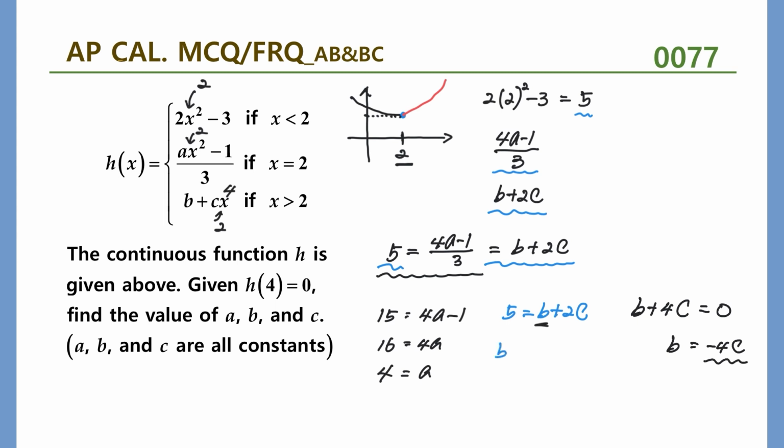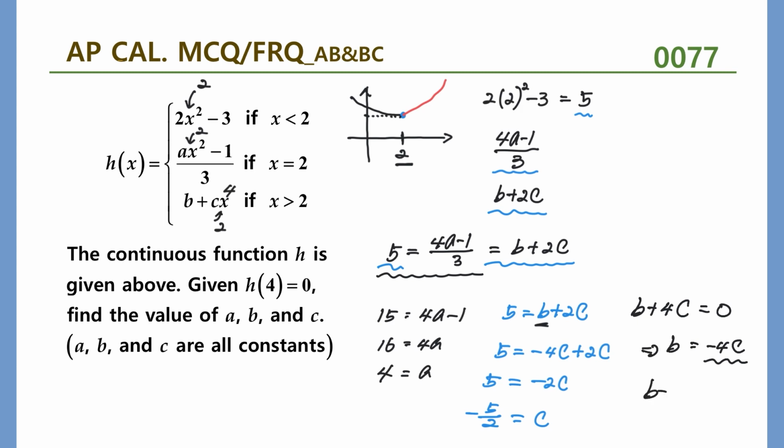So we can substitute negative 4c for this bit right here. So 5 is equal to negative 4c plus 2c. So negative 2c is equal to 5. So c is equal to negative 5 over 2. Is that right? Okay, so we found that c is equal to negative 5 over 2. What about b then? B is right here.